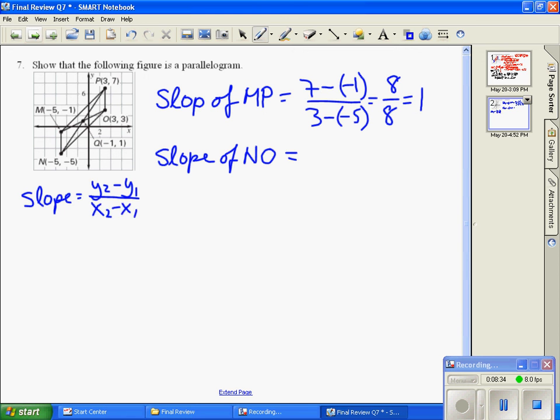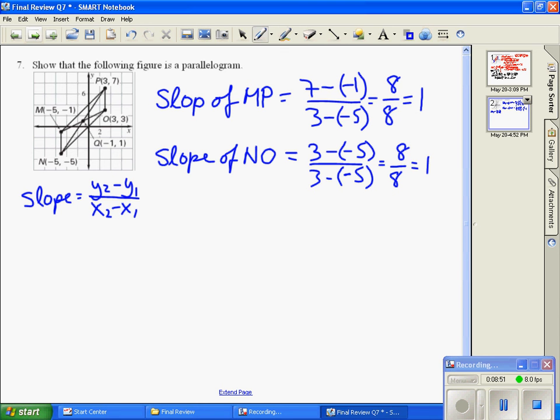Okay, so we have 3 minus negative 5 over 3 minus negative 5. Again, 8 over 8 equals 1.